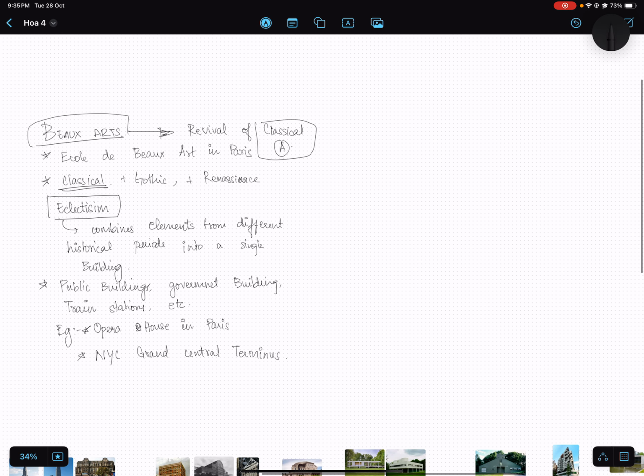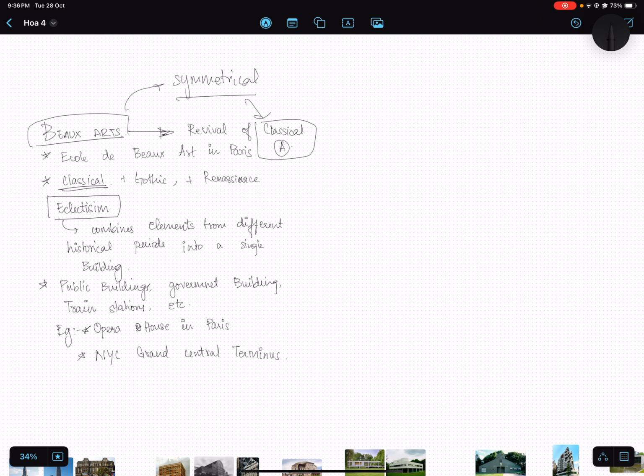So this was, again, it involved a lot of symmetrical planning, a lot of order, and strict adherence to the classical architecture and all of that stuff.